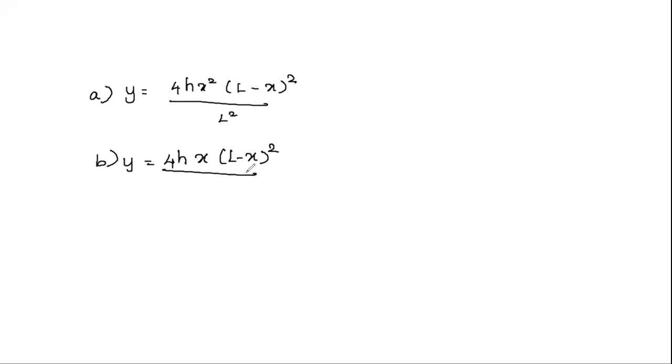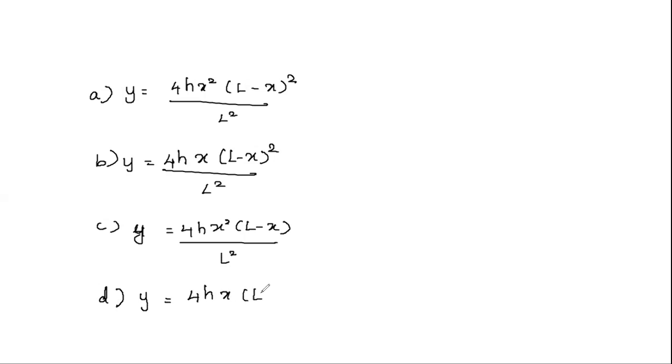The options for the question are: y is equal to 4h square into L minus h the whole square divided by L square; option B, y is equal to 4hx into L minus h the whole square divided by L square; C, 4h square into L minus h divided by L square; and option D, y is equal to 4h into L minus h divided by L square.